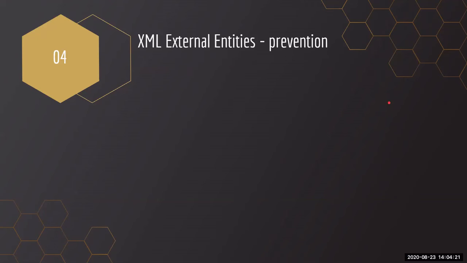So jumping on to the next vulnerability type, number 4. We're going to talk about prevention of external entities. The simplest solution is to not use XML in your app. It's a lot easier than you would think.